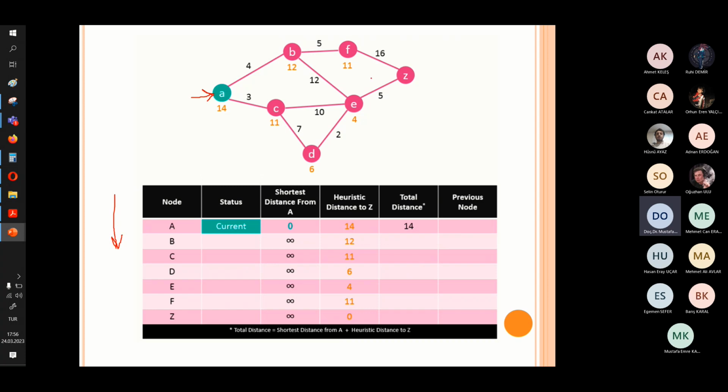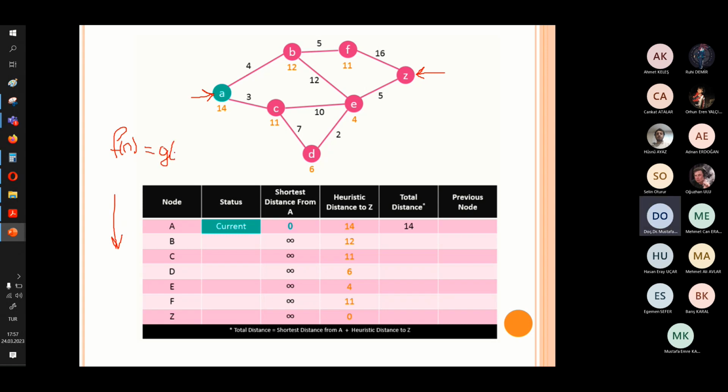We are starting from A and we want to reach node Z. Since this is an algorithm very much like Dijkstra, we listed all the nodes from A to Z. After that, the shortest distance from A. If you remember, let me write it here: Fn is equal to Gn plus Hn.